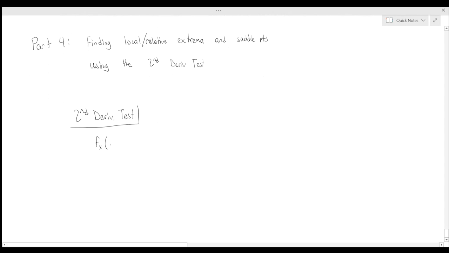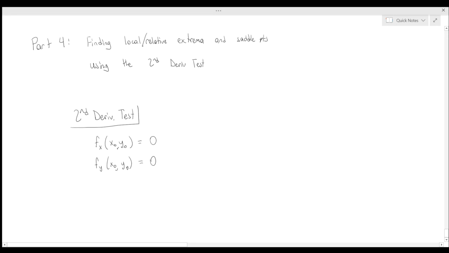And the critical points are where both fx and fy are equal to 0. Okay.